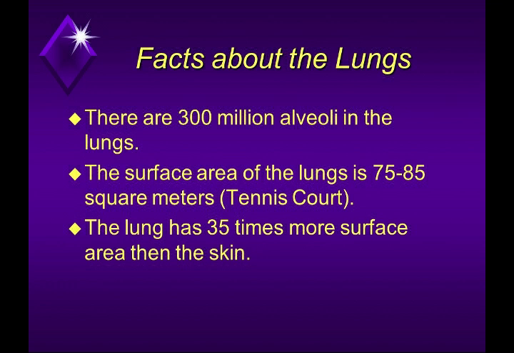A tennis court is inside your chest. You know, they say the skin is the largest system. Nonsense. It's the lungs. It's huge. It's a miracle that we have this ability to exchange that much gas. Just the way the good Lord made us. 35 times more surface area than the skin.